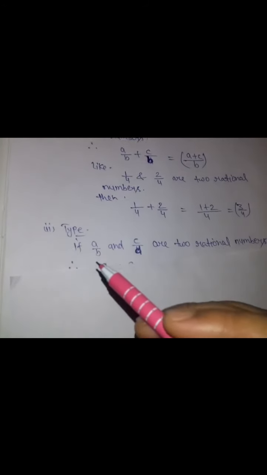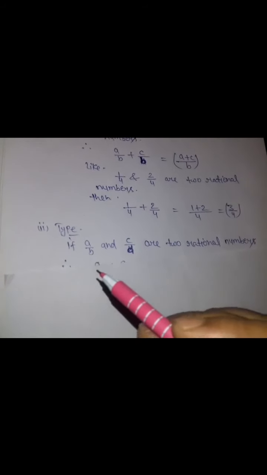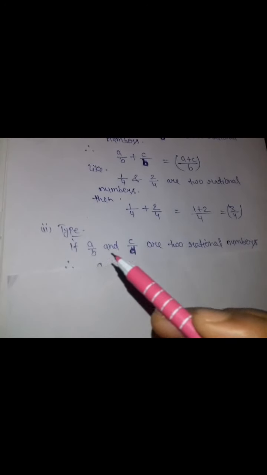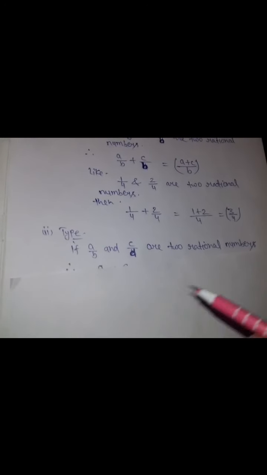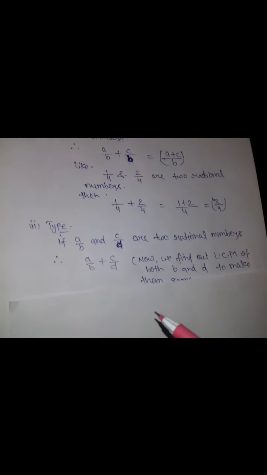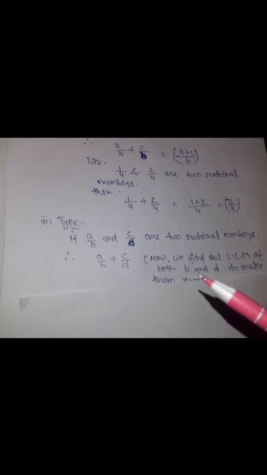Now the second type of rational numbers, if we want to add them when their denominators are different. If a by b and c by d are two rational numbers, there is b and there is d, and both denominators are different. So we have to make both denominators the same, then we can move next.